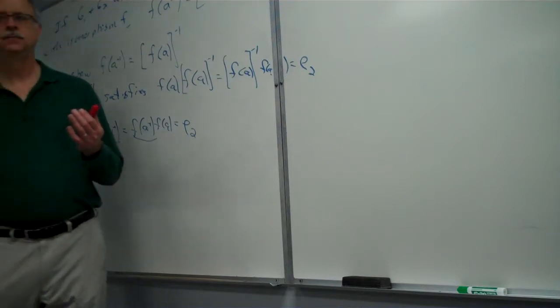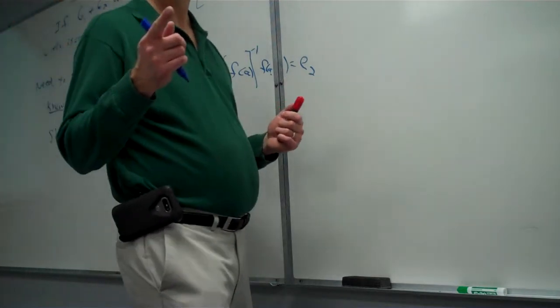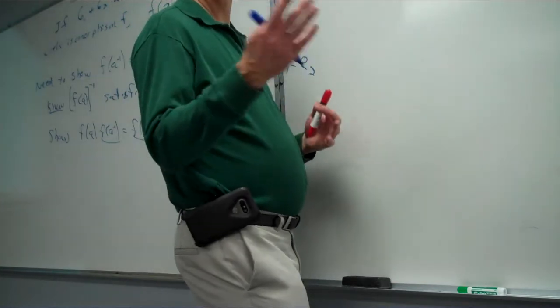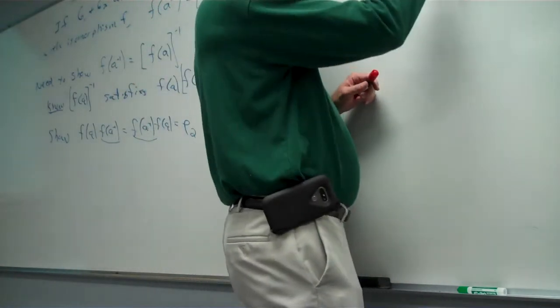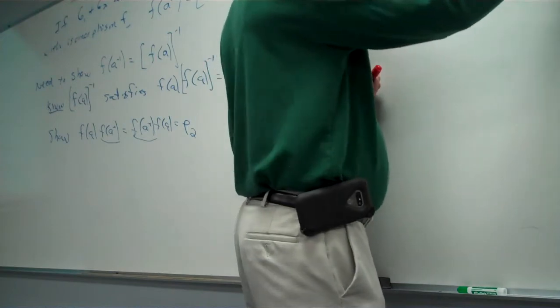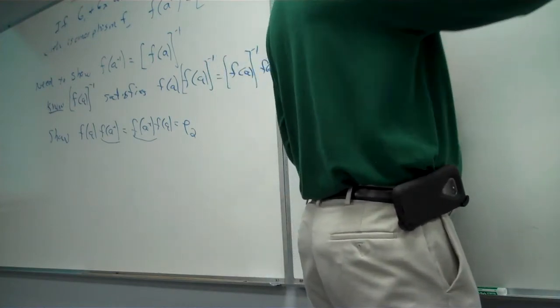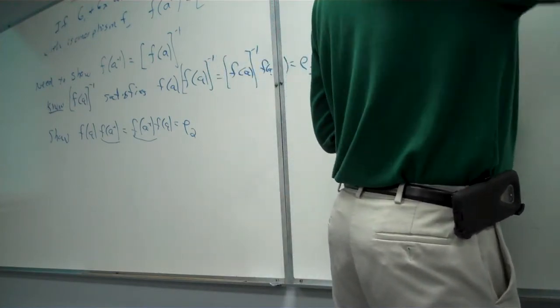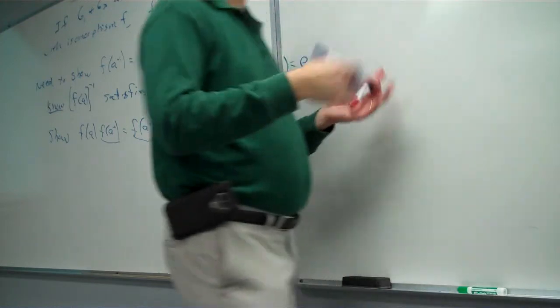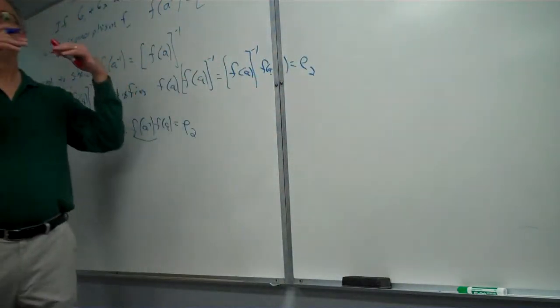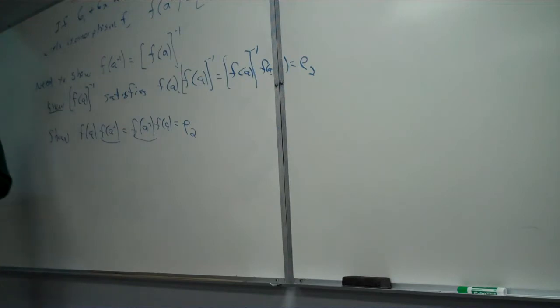F of 1? Maybe F of 1? Well, f of E1, yeah. Oh, A times its inverse is f of E1. That's what we mean by inverses. An element times its inverse back in G1 gives the identity in G1.